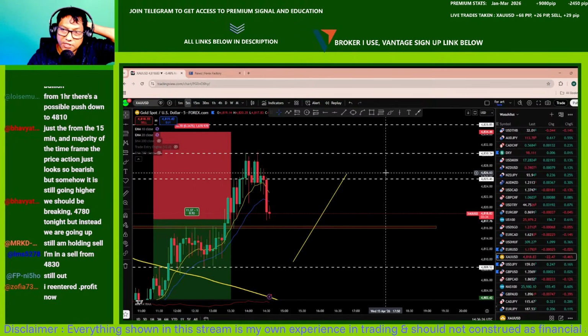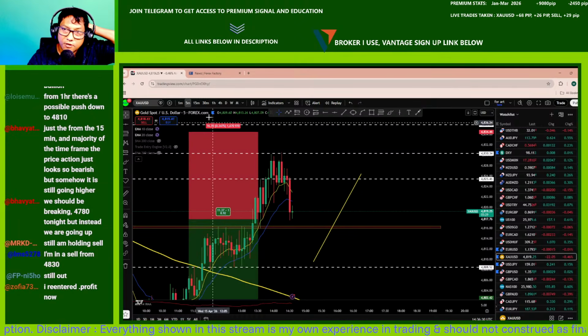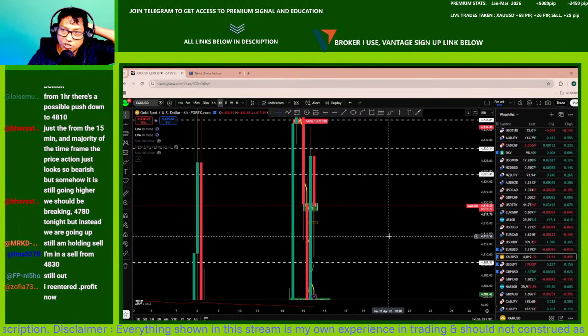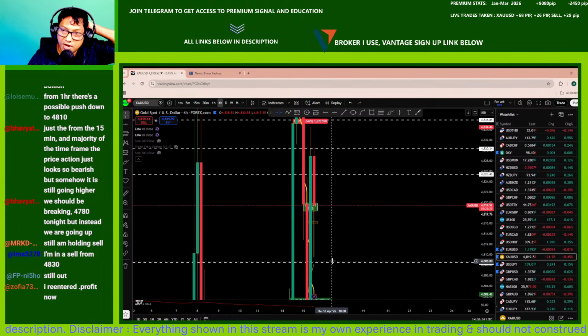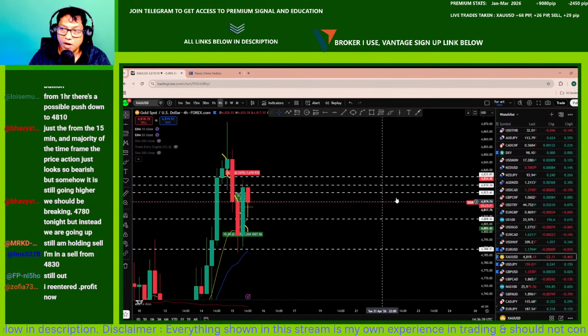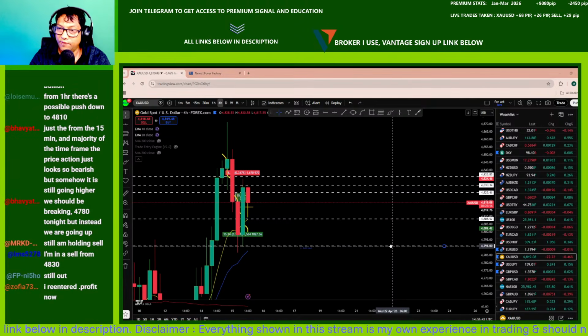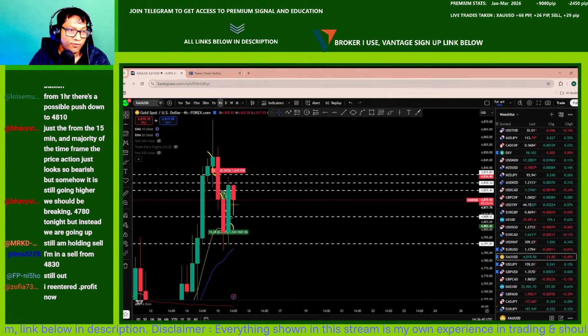Okay, so I'm exiting. It might drop further, but you can see that it created a head and shoulder. And if you look at the 4 hour here, as we mentioned, after the 4 hour candle close, the market may reverse back below. Now this move could even come down to the 4791 level, that can come, right?